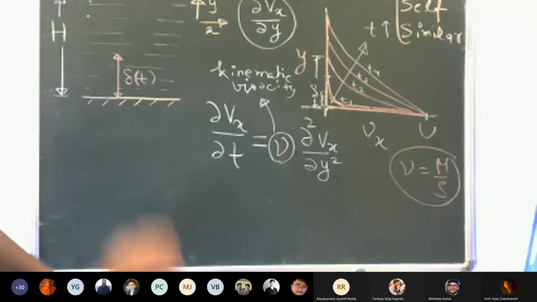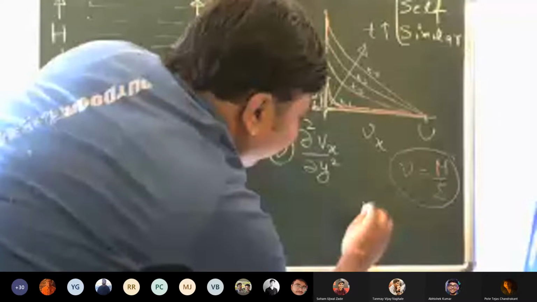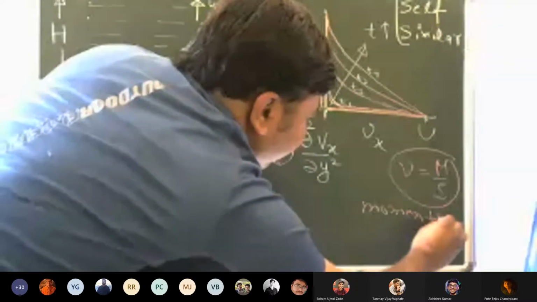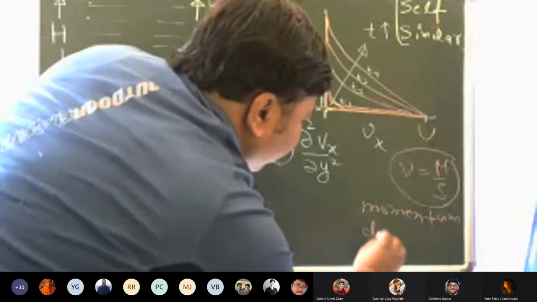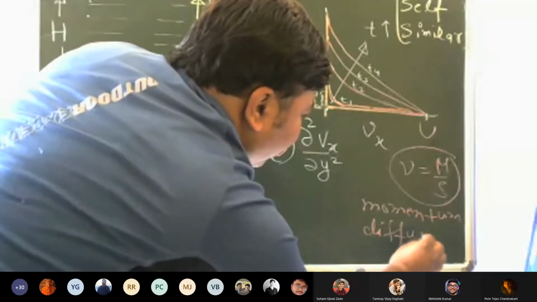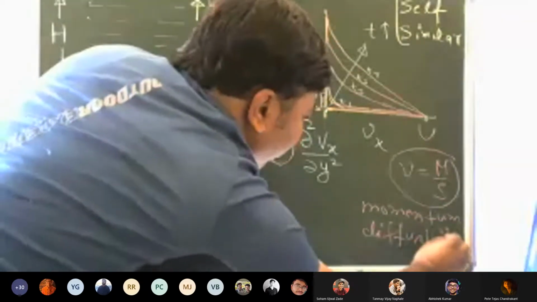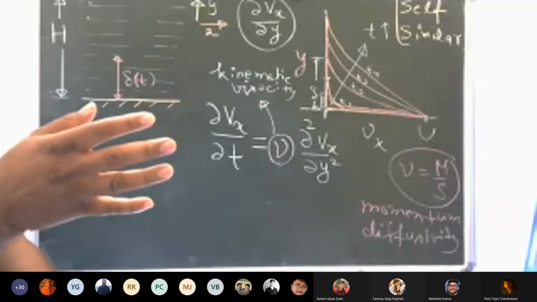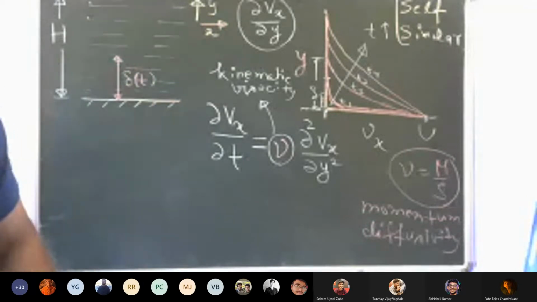Momentum diffusivity. Momentum diffusivity, right? So that is the analogy. That is the reason we call it momentum diffusivity. And see, it is very logical also. You will realize that it will depend on both viscosity and the density. Imagine that your liquid is not so viscous.